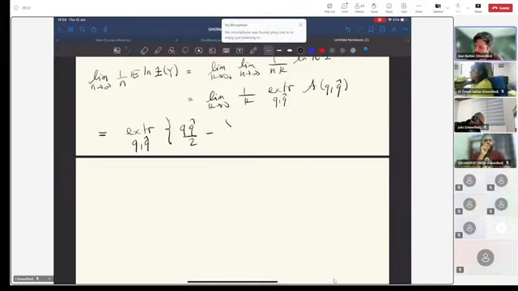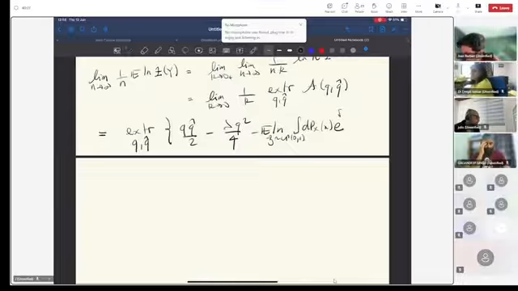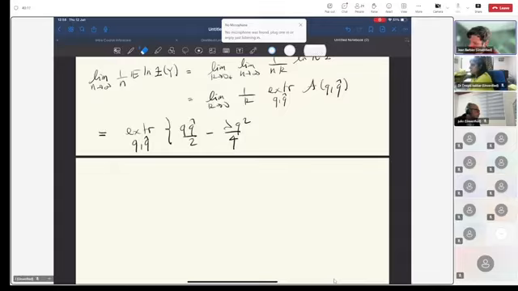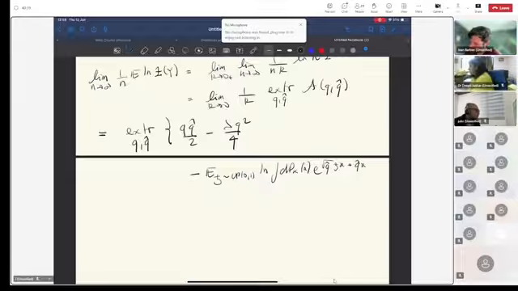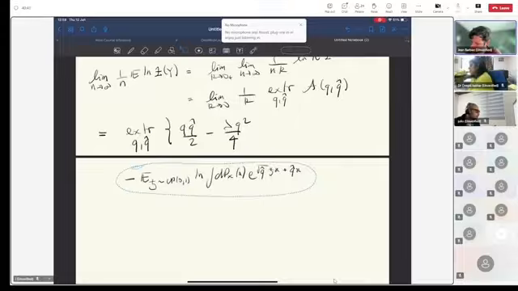Q hat over 2. I will write this below. And here it includes also an expectation with respect to x star drawn from the prior.